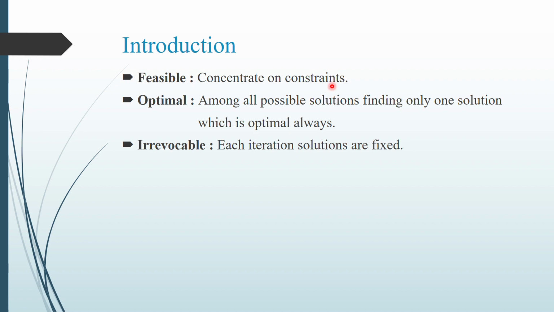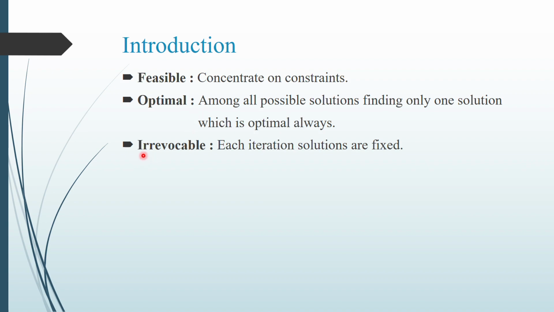First you have to see the problem and where the condition is in the problem, and first you concentrate on that condition. Next is optimal. As I told earlier, among all possible solutions, you find only one solution which is always optimal.